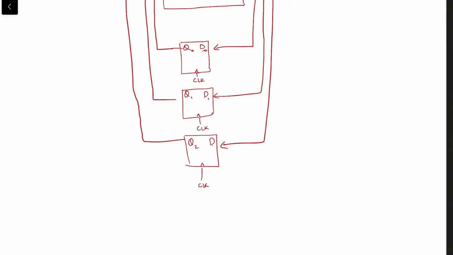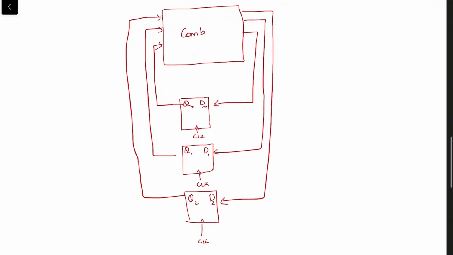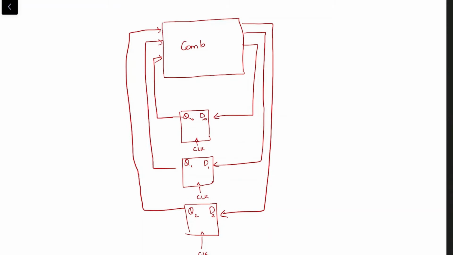Treating Q0 as the LSB of the gray code and Q2 as its MSB, if the combinatorial circuit, on accepting 0 0 0, outputs the gray code sequence 0 0 1, which is the next thing in the sequence, then as soon as the clock hits, the outputs Q0, Q1, Q2 will become 0 0 1.